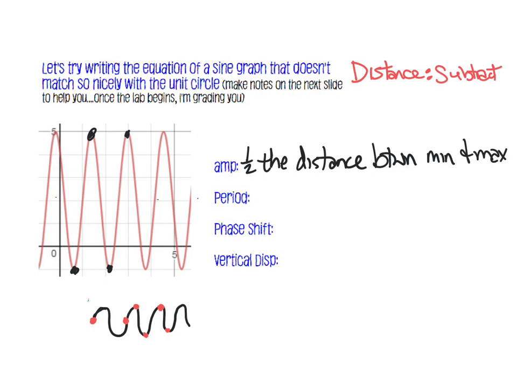All right, so then let me ask you, if I'm looking for the distance that it takes to get from one peak to the next peak, what do you suppose I'm going to have to do? All right. I hope you said that it's distance, so you're going to subtract.